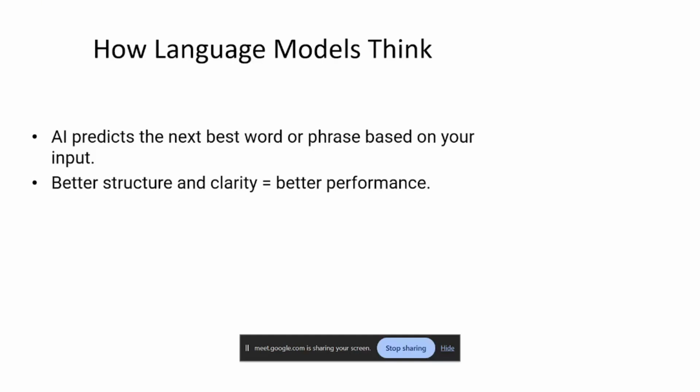How LLMs work is that, once you put in the words, they divide them into tokens, and then use probability to predict the next word. That's why it's very important for you to structure your prompt in a good way, so that an LLM can understand and perform best and give you the best results.